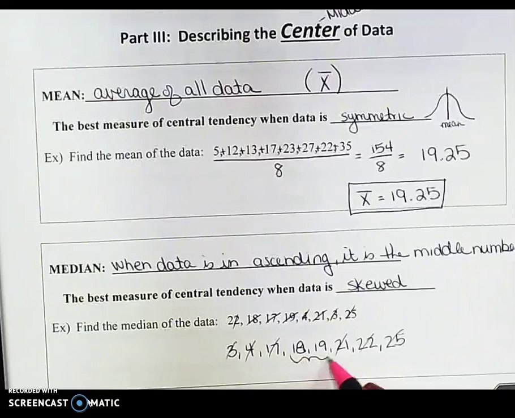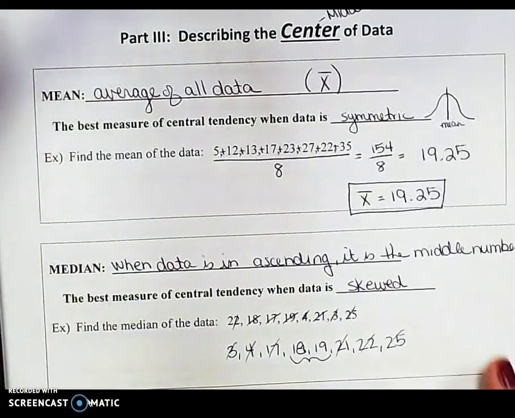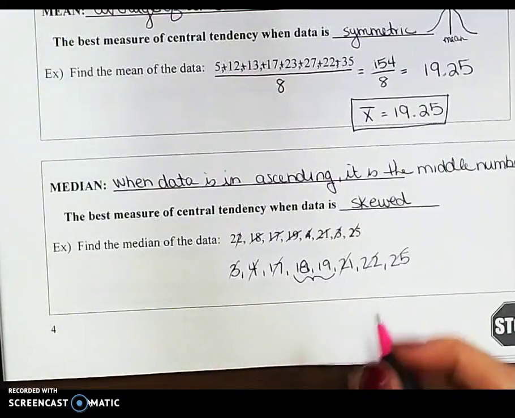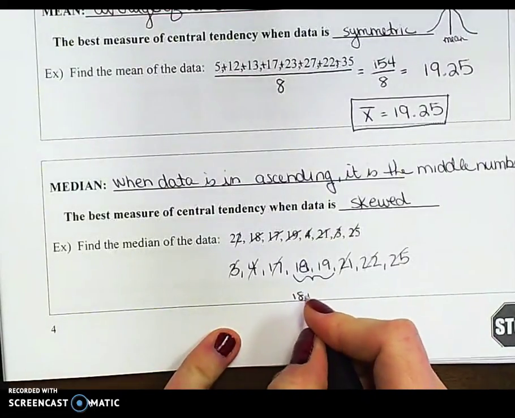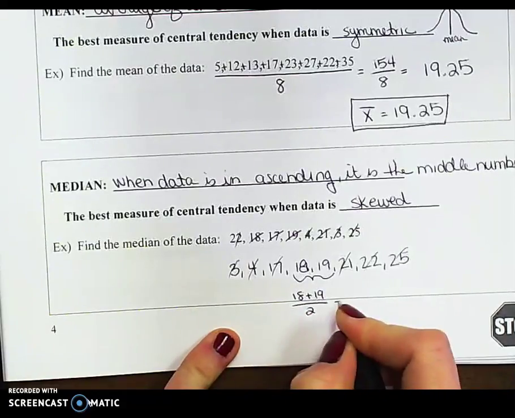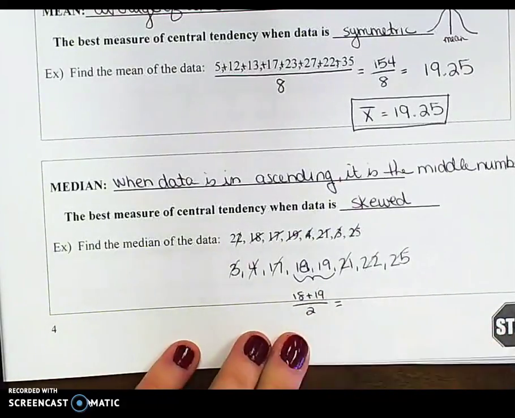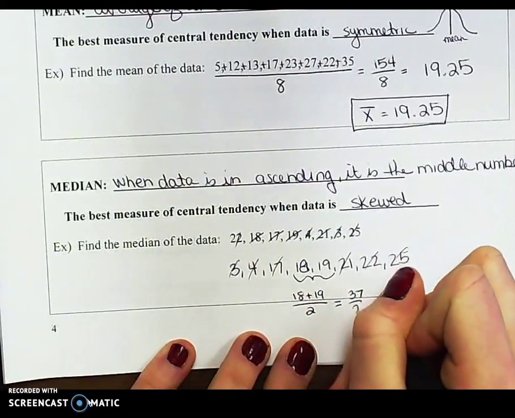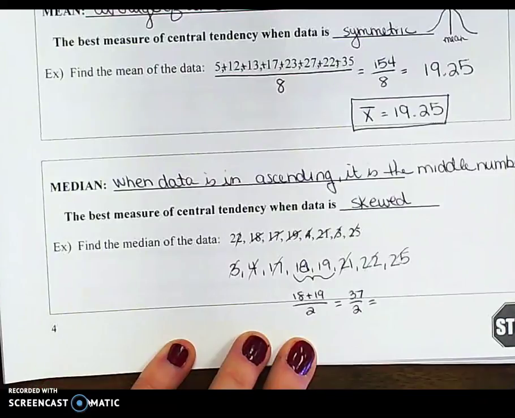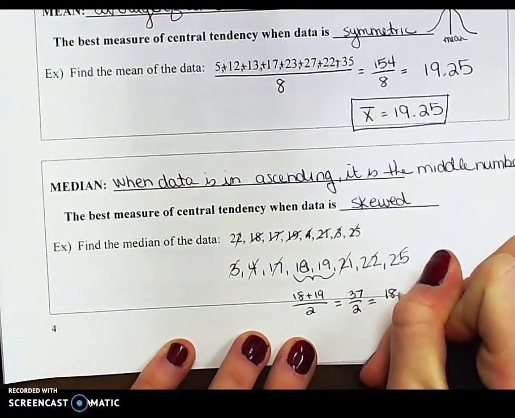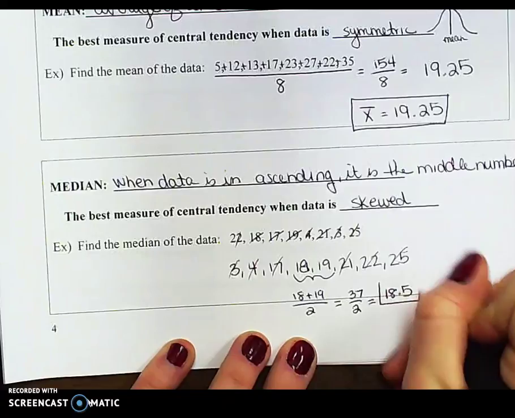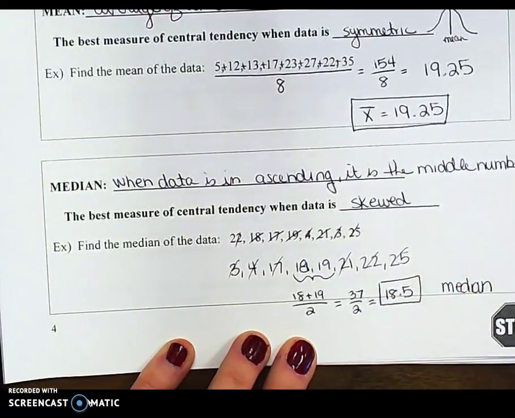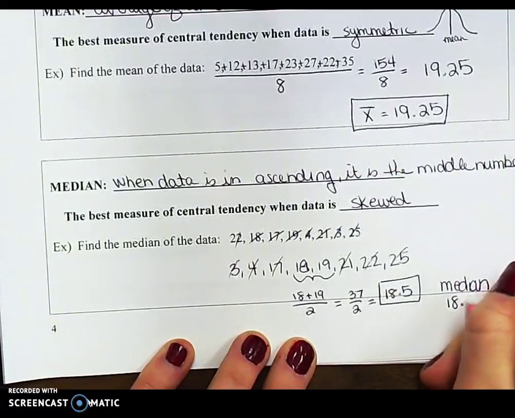Oh, and I end up with 2 numbers there in the middle. So what I'm going to do when this occurs is I'm going to take the mean of these 2 numbers. So we're going to go ahead, 18 plus 19 divided by 2. So we're going to average them together. So 18 plus 19 is going to give us 37 all over 2, which then gives us a grand total of 18.5. So that is my median, 18.5.